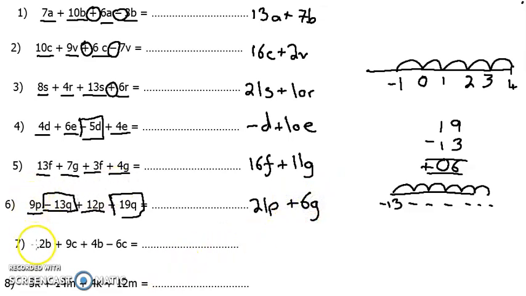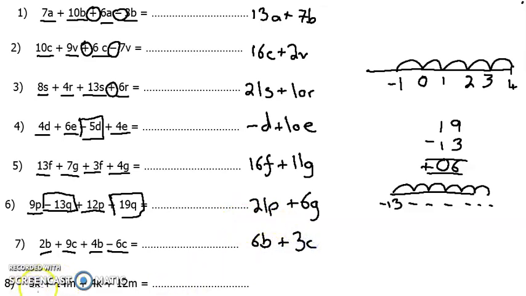Okay, last two. 2b plus 4b is 6b. Nice and straightforward. Now you've got 9c take away 6c. Because 9 take away 6 leaves a positive number, that is positive 3c. So just do 6b plus 3c.